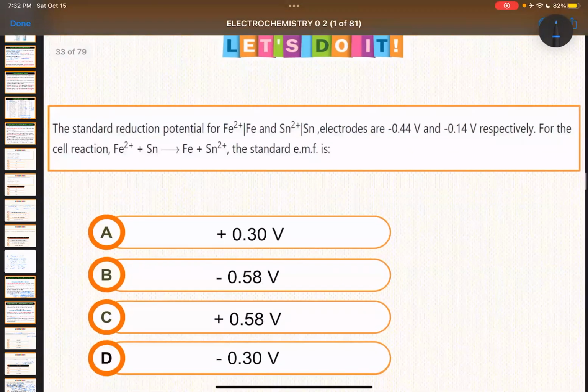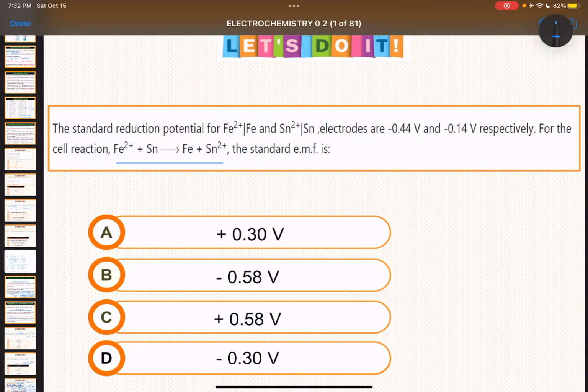Let's do this. In this case, the equation is already given.